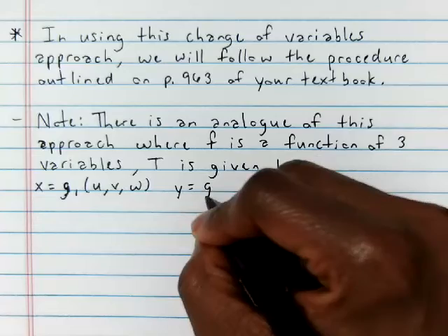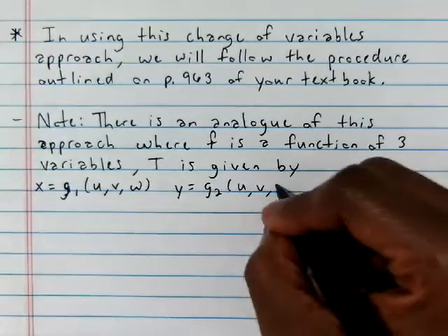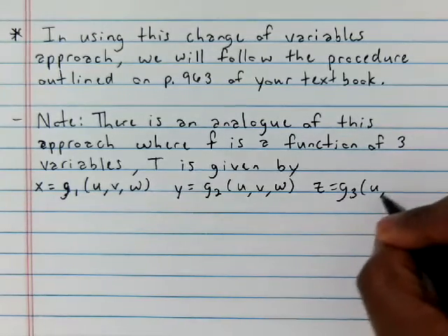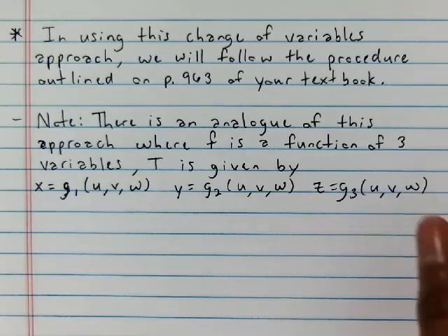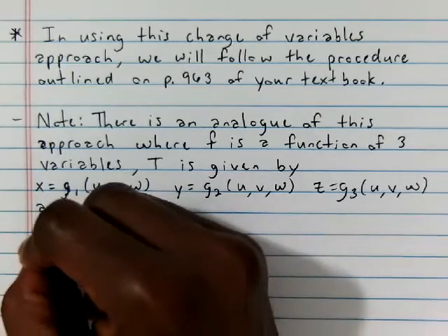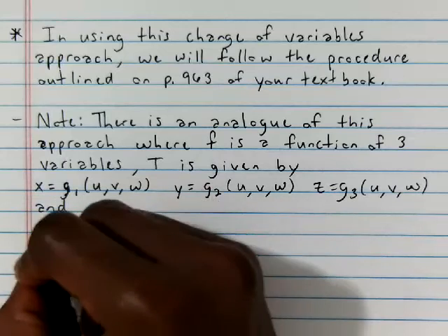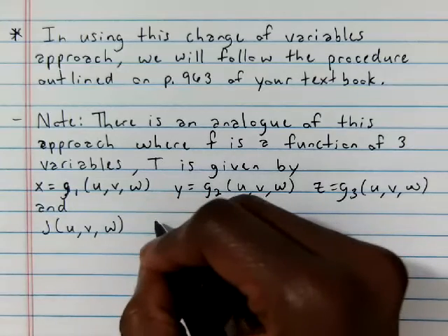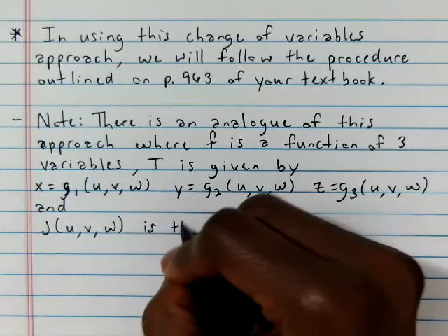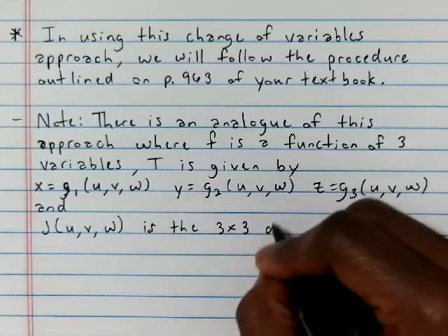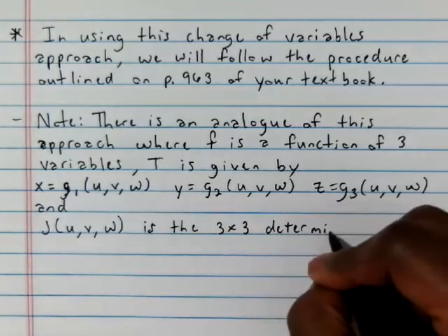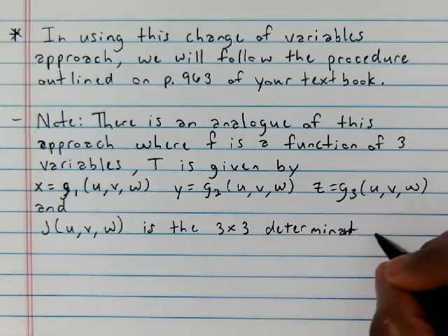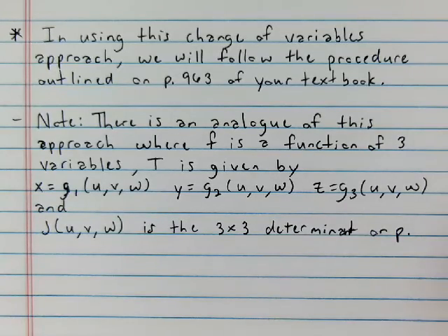Y equals g sub 2 of u, v, and w. Z equals g sub 3 of u, v, and w. And the Jacobian of u, v, and w is the 3 by 3 determinant on page 967.